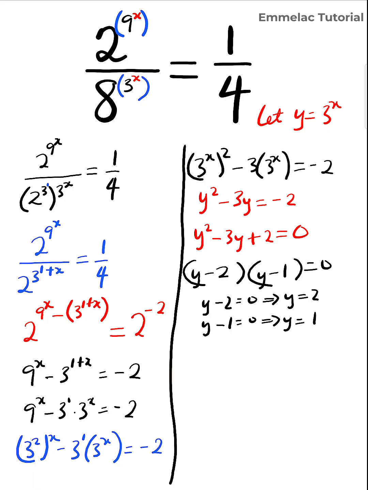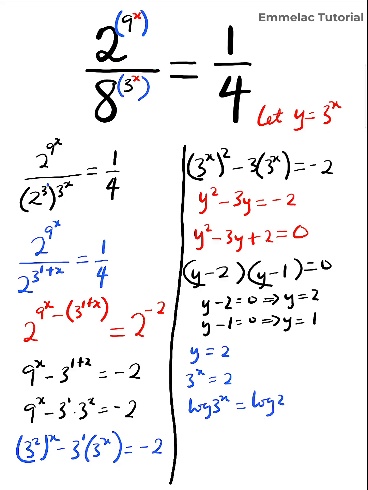When y equals 2, we see that 3 raised to x equals 2. To find x, we apply log to both sides. So here we have log 3 raised to x equals log 2.